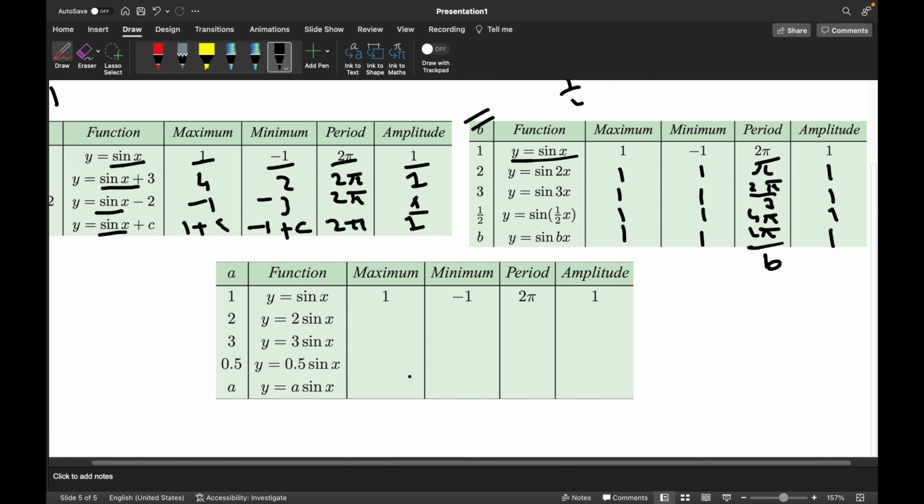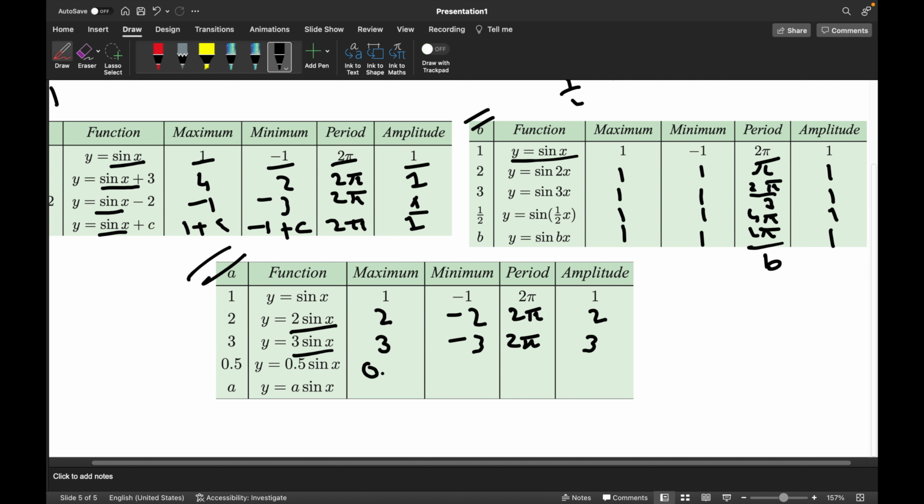Now let's look at the last question. This deals with amplitude. So maximum is 2, minimum is minus 2. Period remains the same. Amplitude would be 2. Similarly, this would be 3, minus 3, 2 pi, 3.